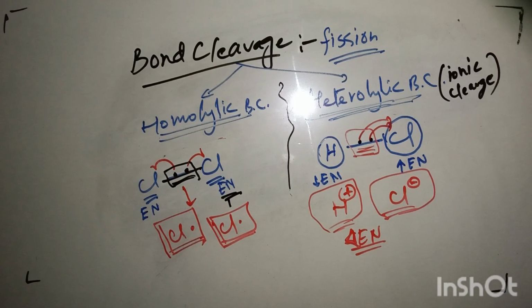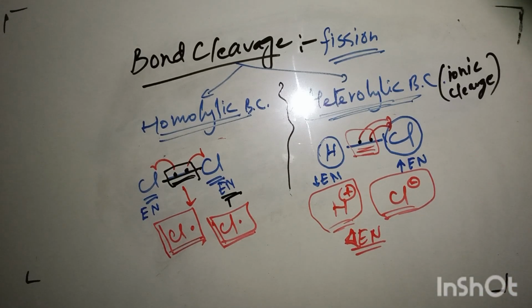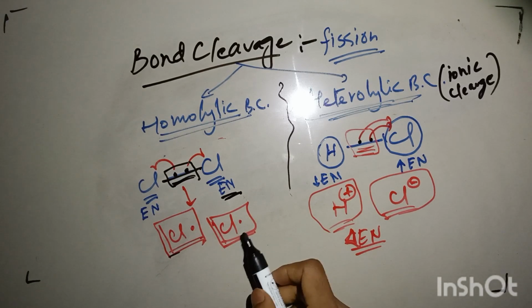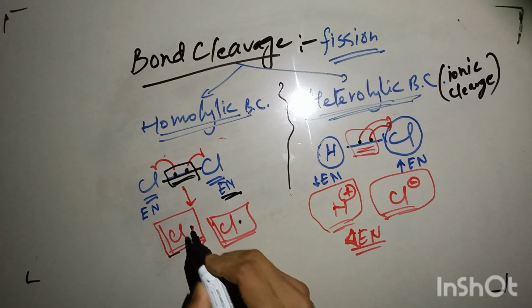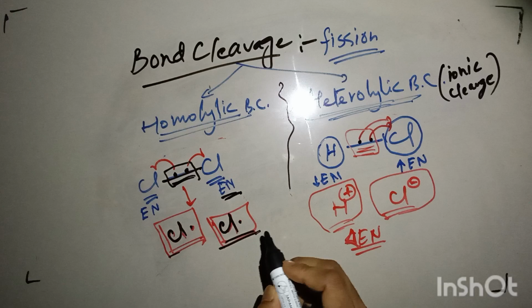Due to the equal distribution of electrons, without charge, an unpaired electron species is formed. So is any charged species there? No. Positively charged or negatively charged species? No. There is no charged species. But these are called radicals, free radicals. This single dot atom is called a free radical.